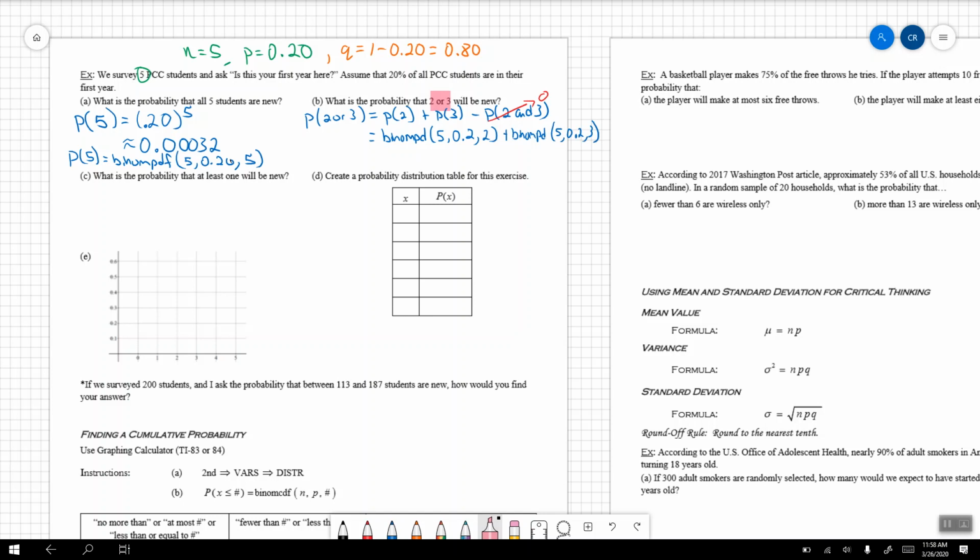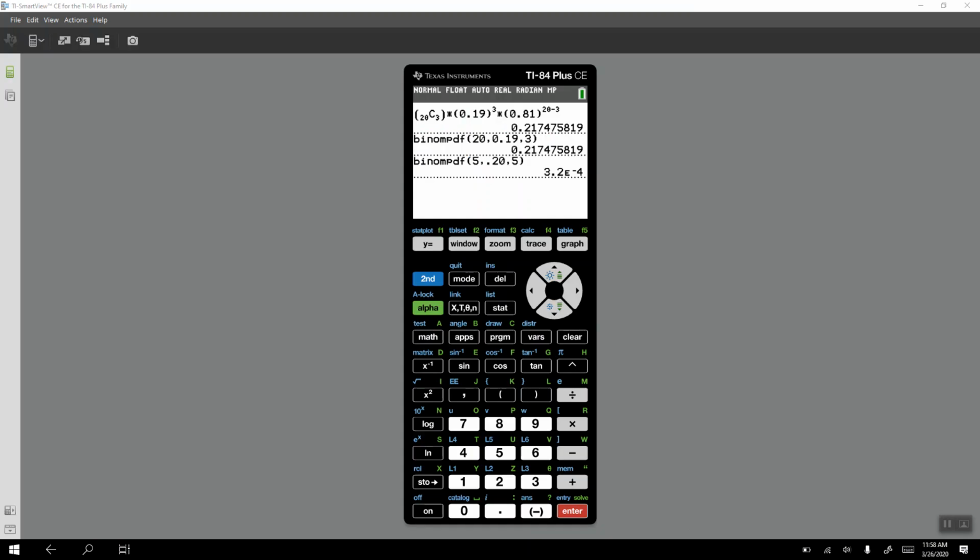Now I'm going to highlight here to see where these are coming from. The first binomial probability comes from P of 2. The second binomial probability, P of 3, is this probability here. So I'm going to go to the calculator and I'm going to start inserting those probabilities exactly as I see them. All right, here we are.